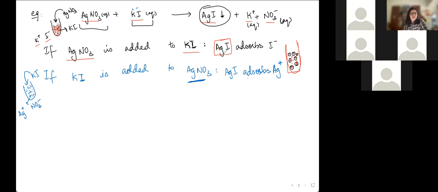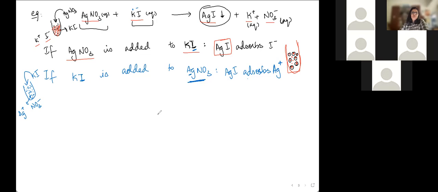The preference is for whatever is common. So AgI will always adsorb either silver ions or iodide ions, and which of the two is available will depend on the solution you originally took. If I took KI, I minus is the common one. If I took AgNO3, Ag plus is the common one. So it's going to adsorb those ions based on that.